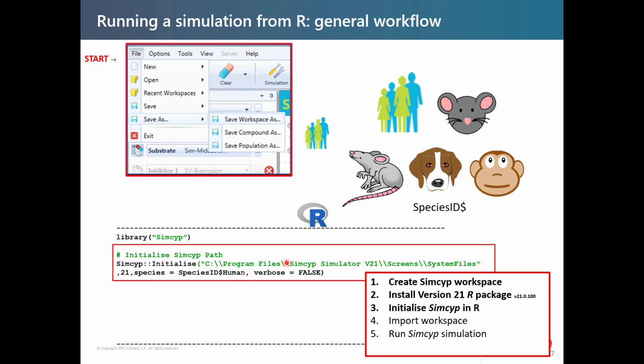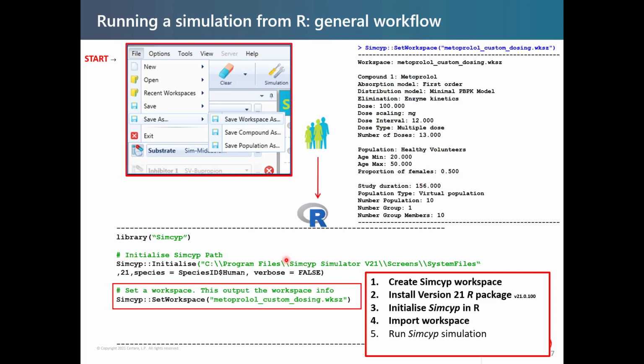Once you've initialized the Simcyp engine, you can now import the workspace that you're interested in working with. So in this example, we use the function called setWorkspace to import a workspace, and we can see that the workspace name is called Metropolo Custom Dosing. And with this, we also specify the Simcyp extension. Once you've run this function, a summary of that workspace is reported in your R console.